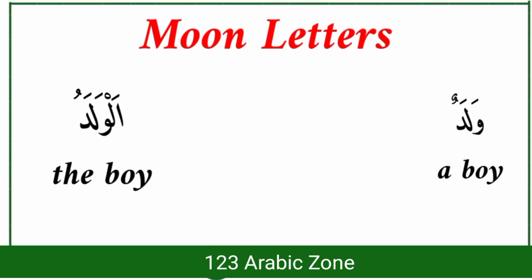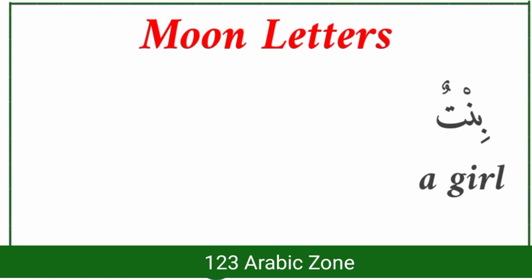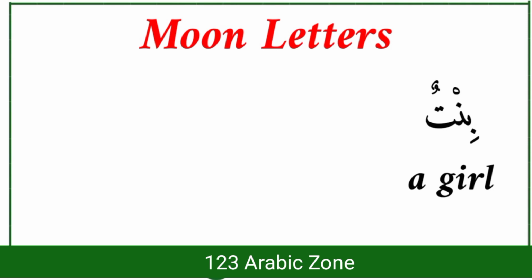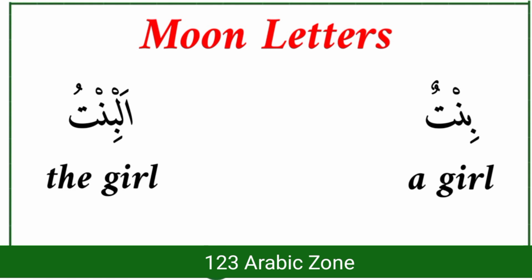So here you will see that al is written and also pronounced. The next one is bintun, means a girl. With the addition of al, it will become al bintu. Al bintu means the girl.